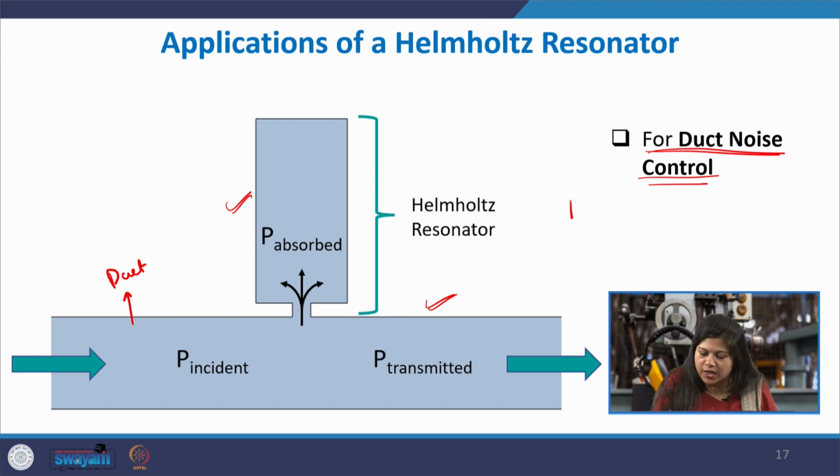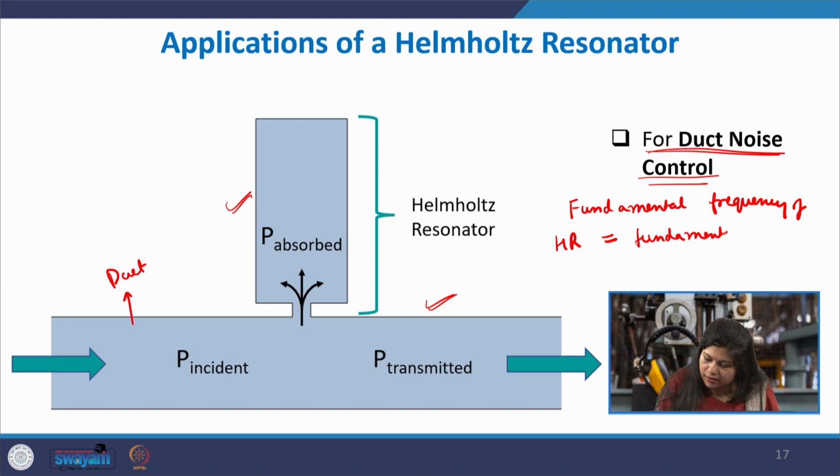Here also the design is such that the fundamental frequency of the Helmholtz resonator that is built should match with the fundamental frequency of the duct. The duct is an open pipe, it will have its own fundamental frequency.